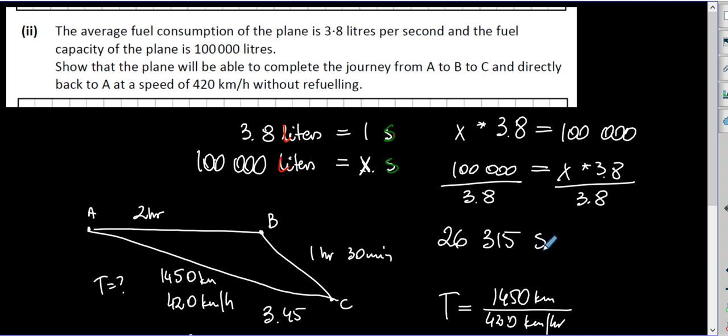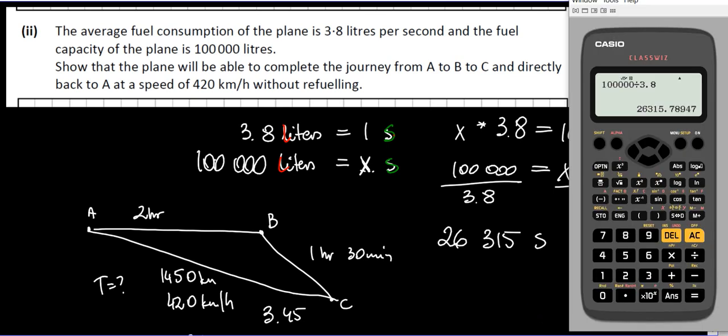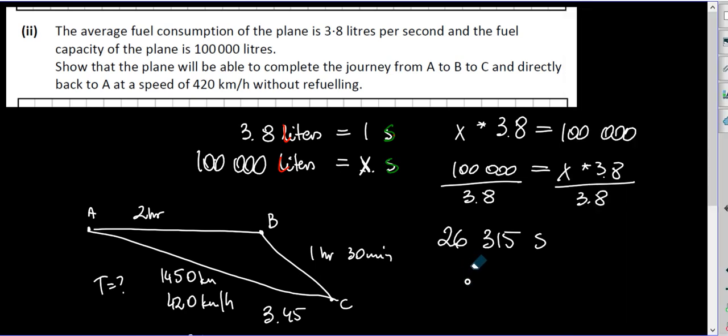Okay, so how many hours is that? If I want to find out how many minutes, what do I do? I take that number and I divide by 60, isn't it? So that gives me 438 minutes. Now again, if I want hours, what do I do?